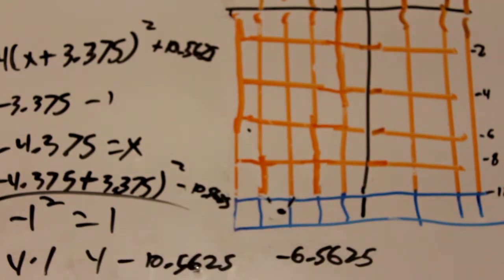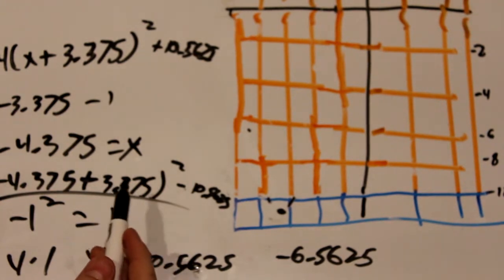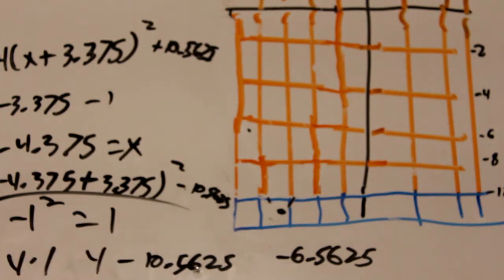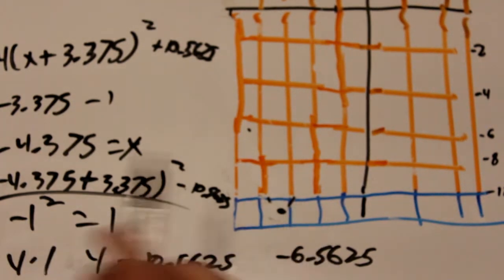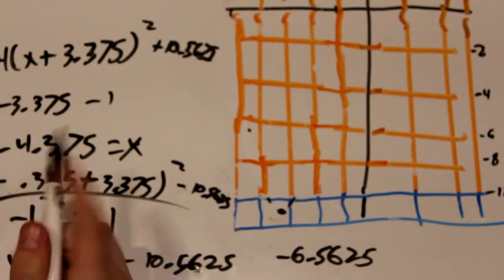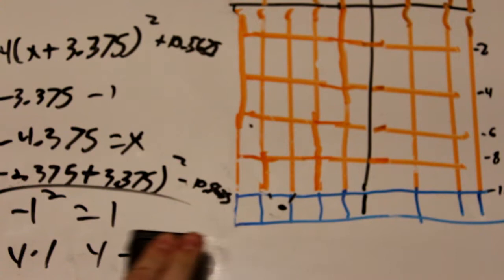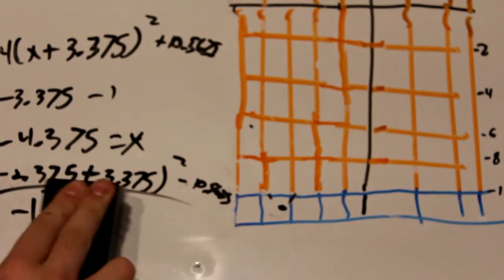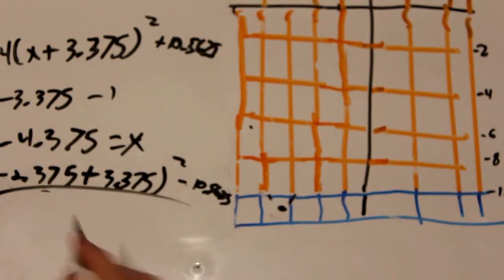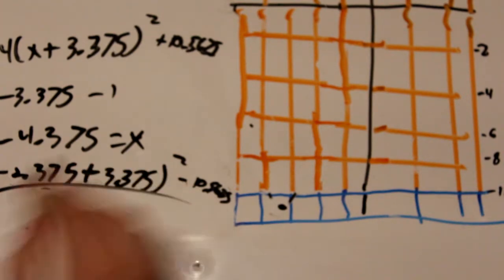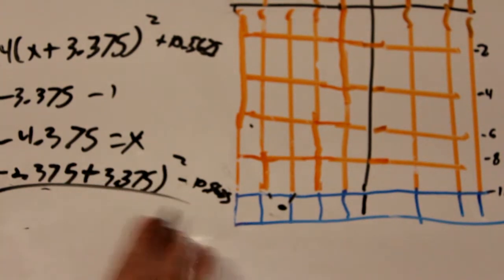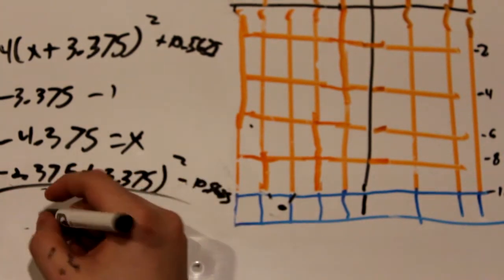Now, if we add 1 to our vertex point, making that 2, let's see what that gives us. Well, this gives us positive, this term right here, I've already drawn the line, gives us positive 1.